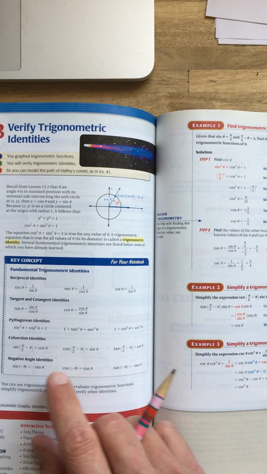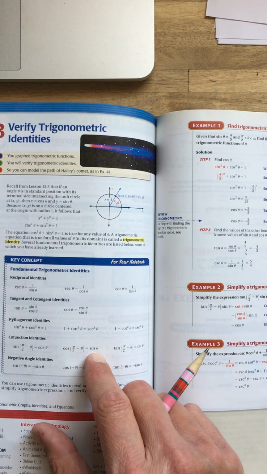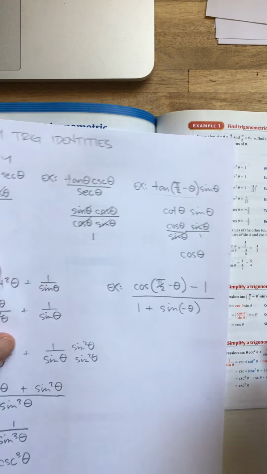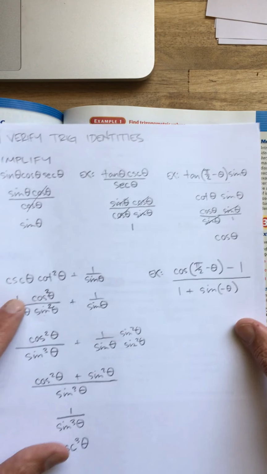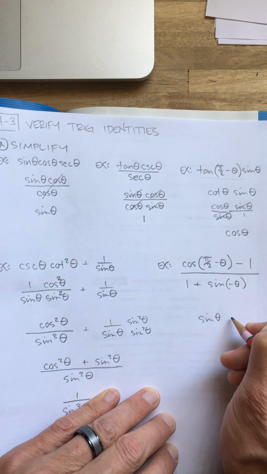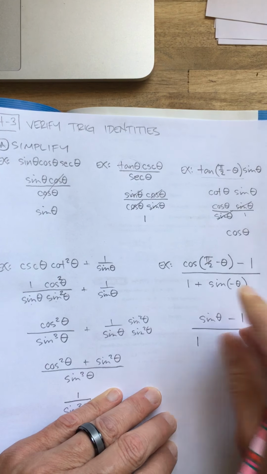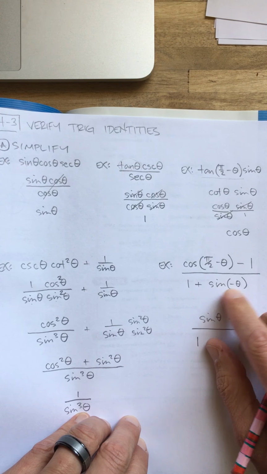But cosine of pi over 2 minus theta equals sine of theta. So this is the sine of theta minus 1, over 1 plus the sine of negative theta.